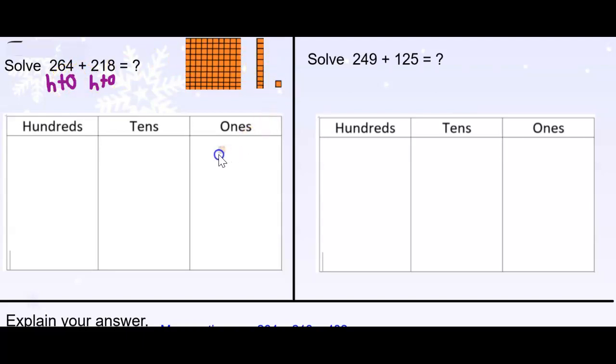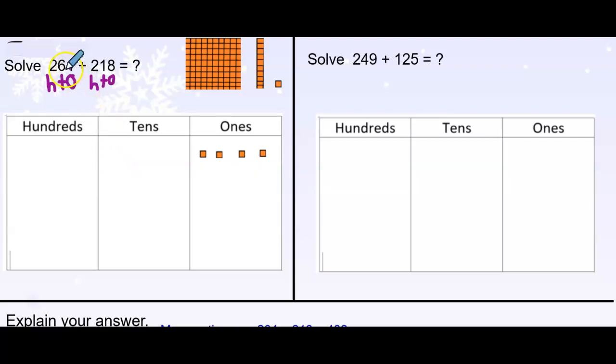So let's get 4 ones. Can you help me count? That was 1, 2, 3, 4 ones. Now, I'm going to cross out that 4 ones so that I won't get confused and build it again. We're finished with 4 ones.